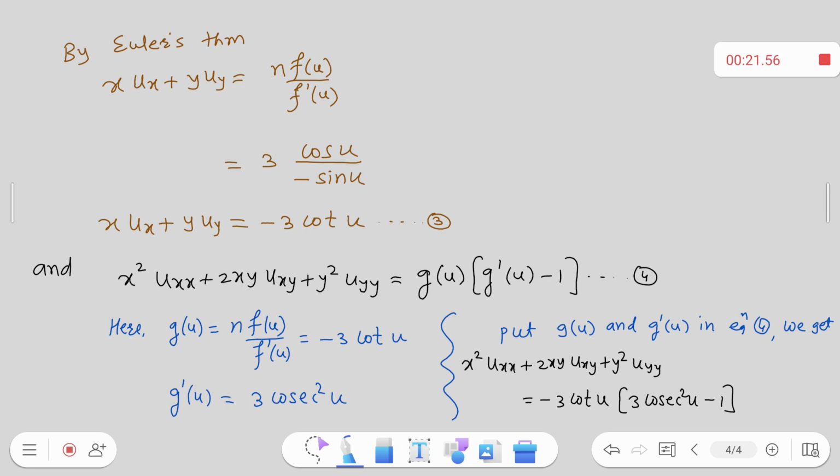So the sum of first order derivatives is minus 3 cot u, and the sum of second order derivatives, using the same statement, is z of u into z dash of u minus 1. So z of u by using equation 3, and derivative of cot is minus cosec square. After using these two values z and z dash, we get the sum of second order derivatives by using Euler's theorem.